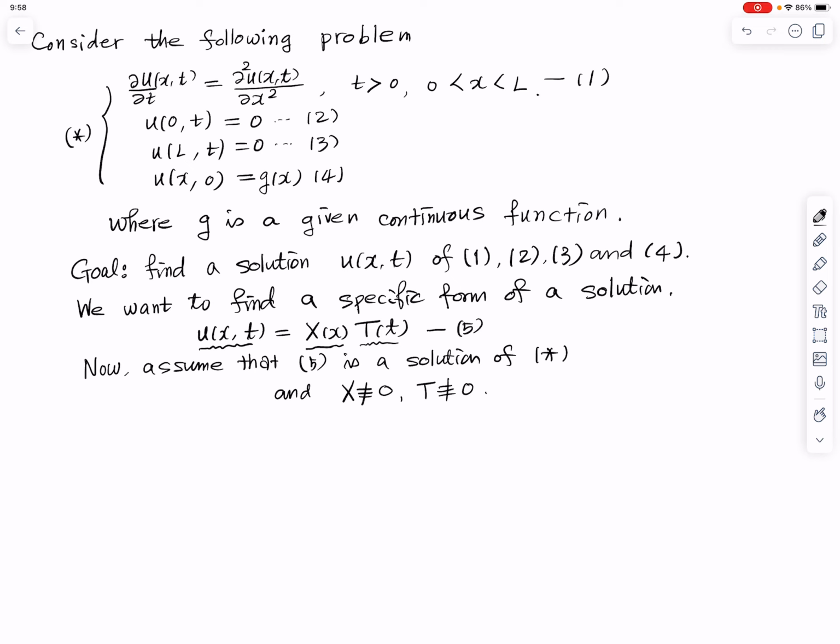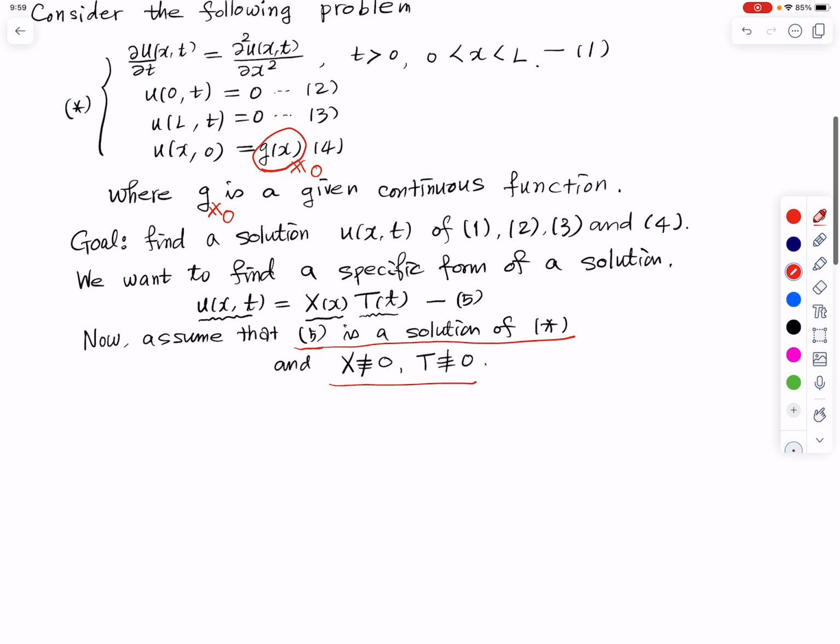Because if g is a non-zero function, then if X or T were the zero function, it would not satisfy the conditions, and a zero function would obviously be the zero solution. So for now, let's assume u = X(x)T(t) satisfies star, and X is non-zero, T is non-zero. This is our assumption.